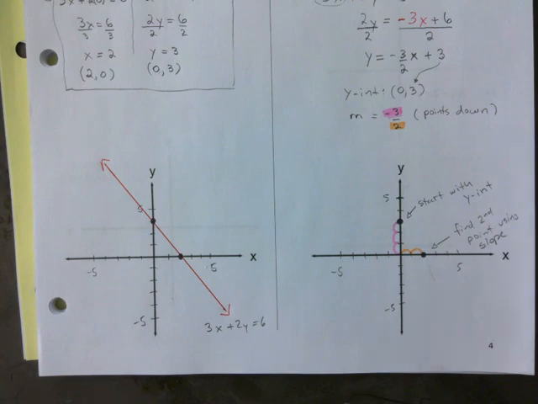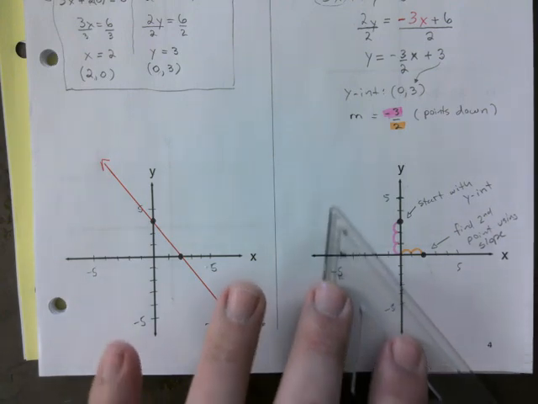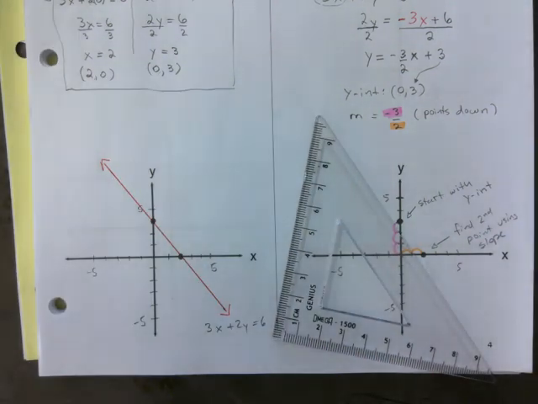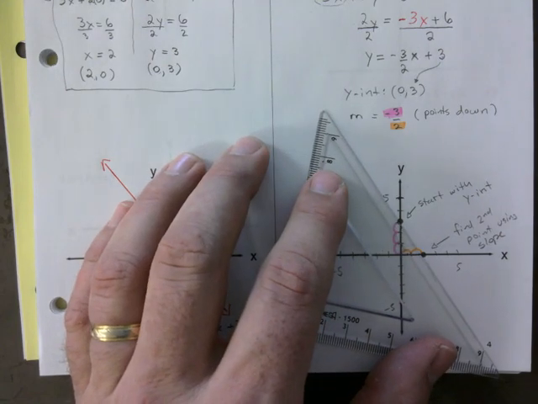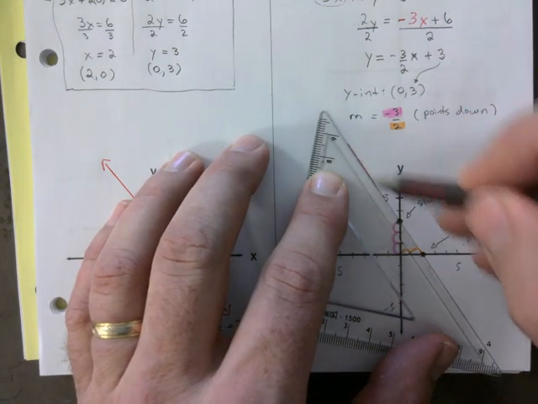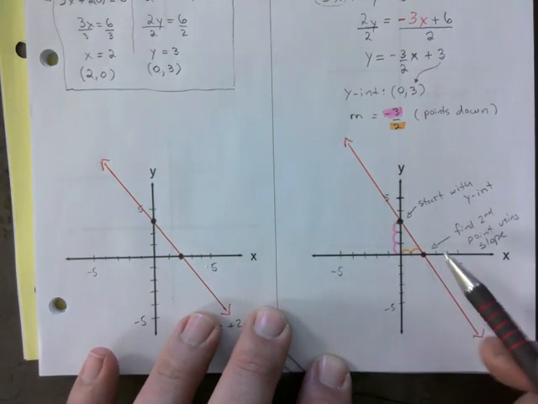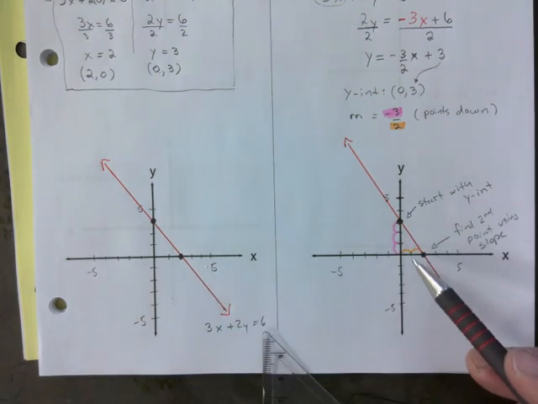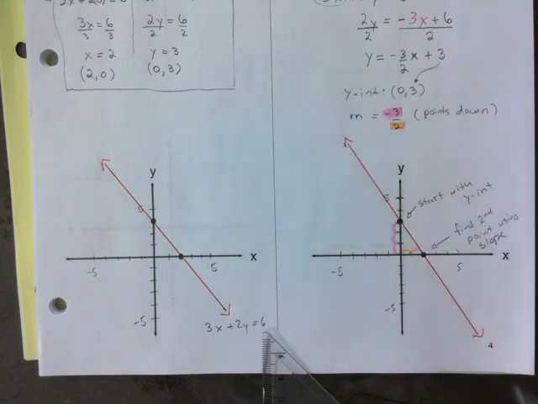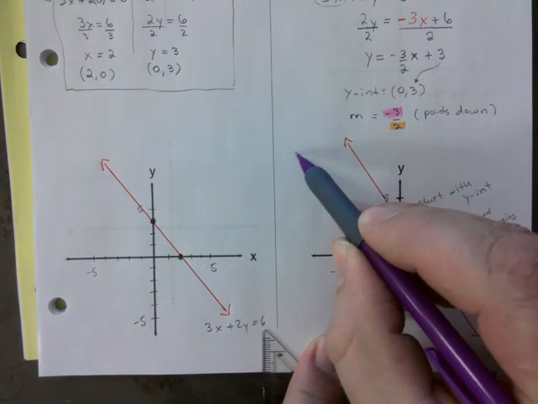And I'll clarify something because I feel like this might cause a problem later. So you extend that line way past those 2 points. Those 2 points are just to give you a reference, but you make sure you extend it across the whole graph. And let's not forget about our equation.